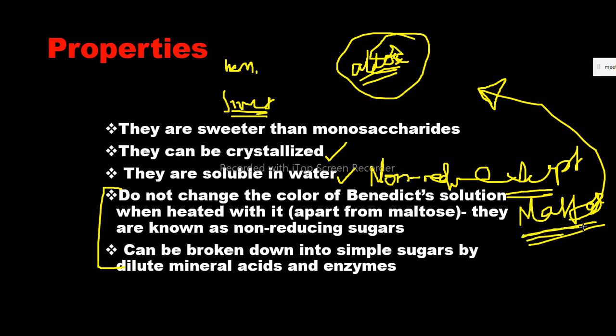So this aldose group can be oxidized into a carboxylic acid, and then the copper in Benedict's solution becomes reduced to copper 1. But for these ones with this hemiketo group, this keto group, it cannot be oxidized. Hence making lactose and sucrose non-reducing sugars, whereas maltose is a reducing sugar.